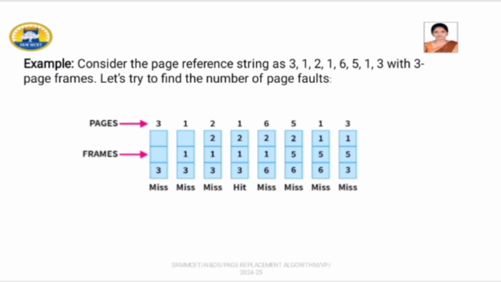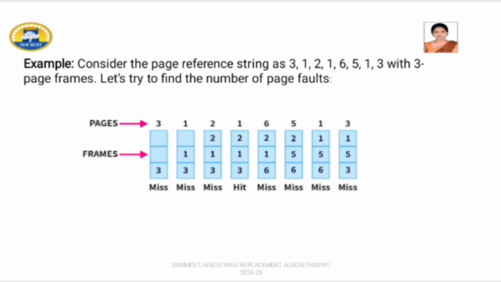Then it checks the next reference string, 1, and it is placed above the 3, and the third one, 2, is placed above 1. Then it checks the next reference string. The memory has only 3 frames, so we can't place the next value. At that time it follows the FIFO order.